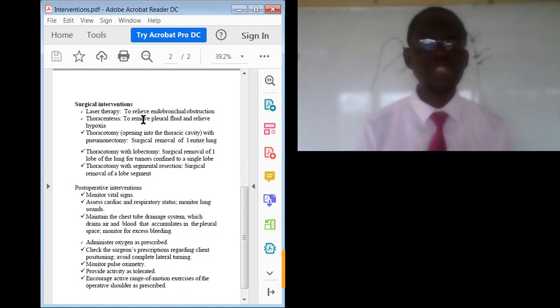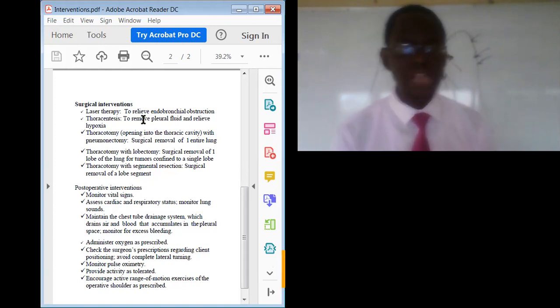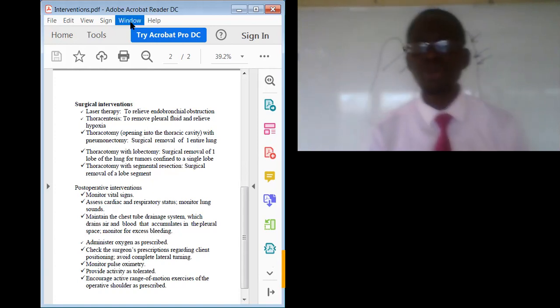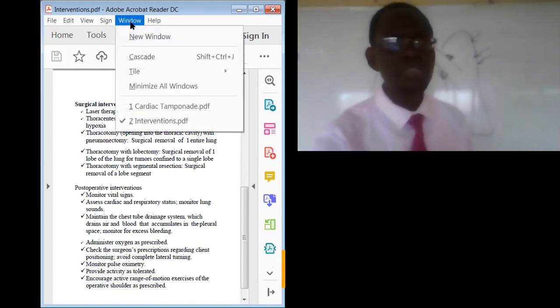Postoperative interventions are those, as you can see in the presentation. So that is basically what we do for a patient who has lung cancer.